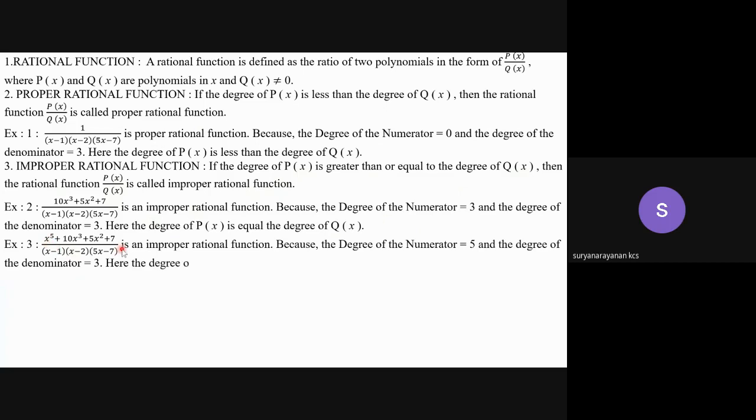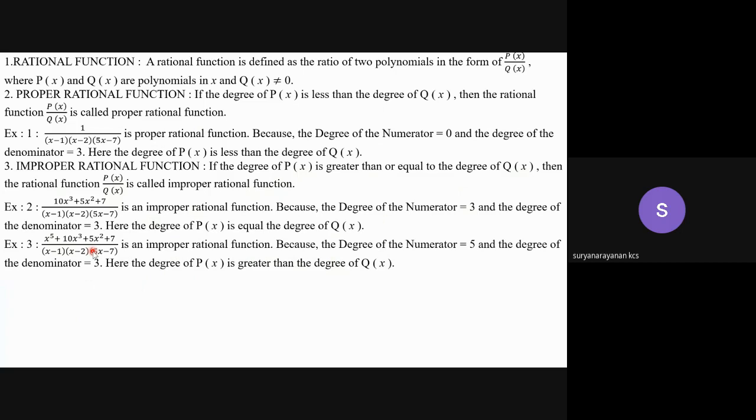So if you observe this rational function, it is an improper rational function because the degree of the numerator is equal to 5 and the degree of the denominator is equal to 3. Here, the degree of p of x is greater than the degree of q of x. Therefore, the given rational function is an improper rational function.